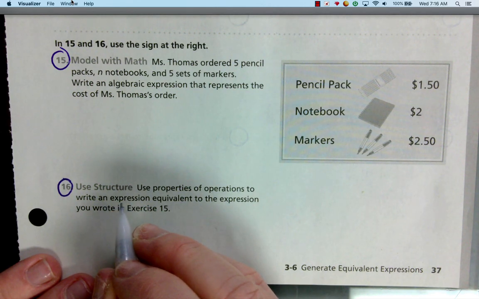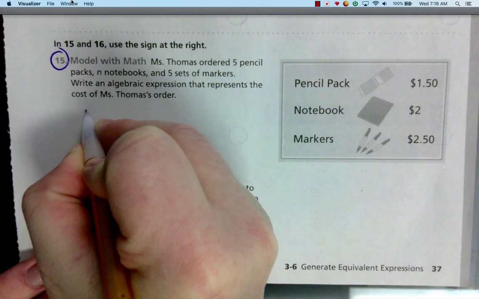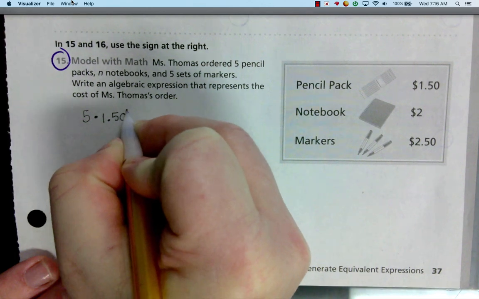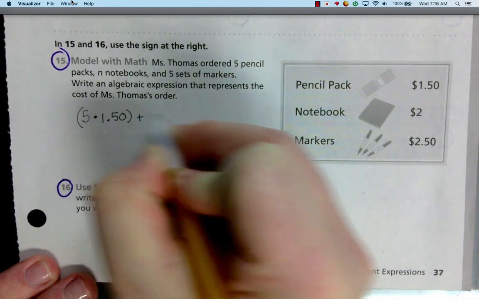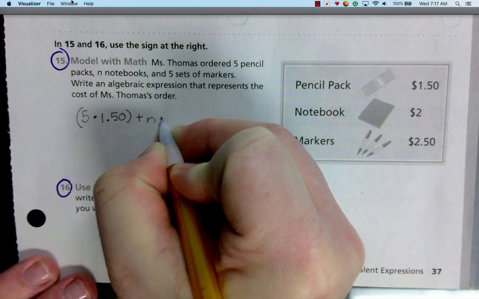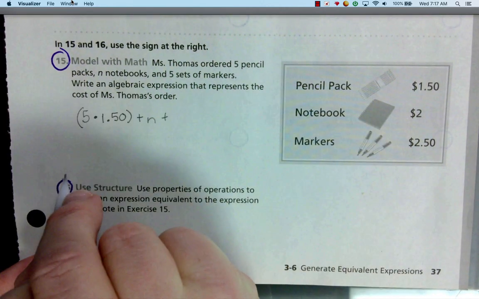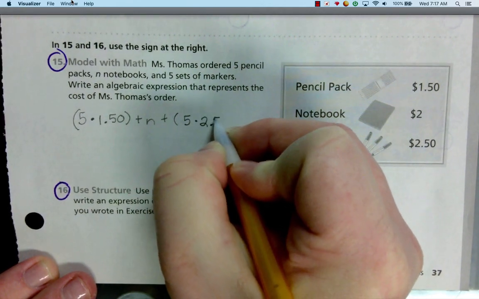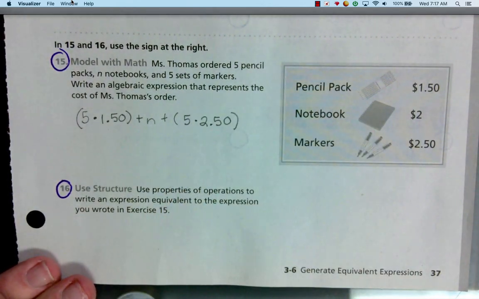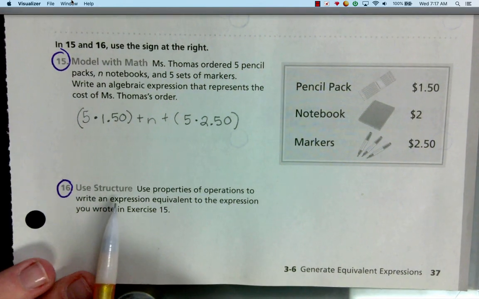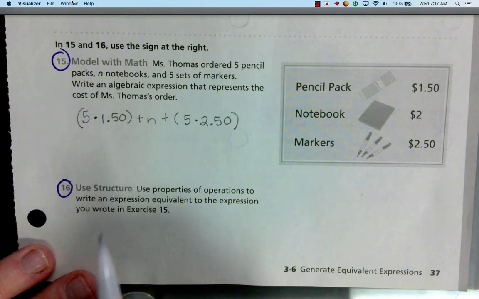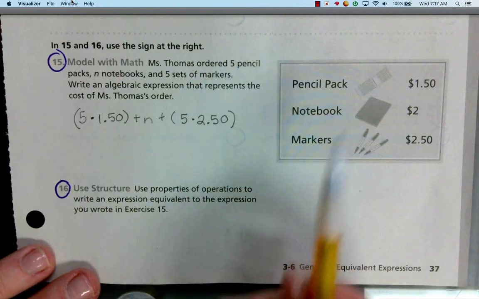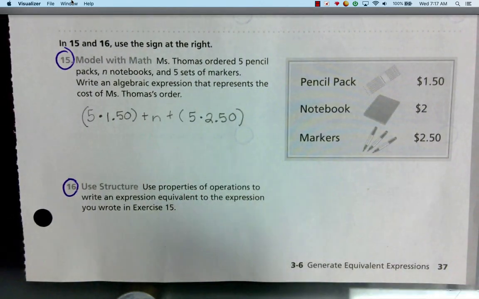So we have 5 pencil packs plus we don't know how many notebooks plus how many sets of markers? 5. So 5 times $2.50 each. Okay? And then at this point, this could work if you try something else, but just know you can still simplify this, okay?